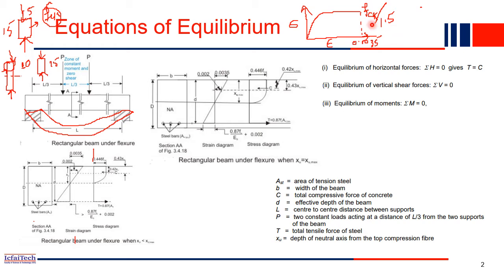The first 1.5 is for size effect, but again we divide by 1.5. So FCK, the characteristic strength of concrete, is divided by 1.5 and again by 1.5. The first 1.5 is because of the size effect, and the next 1.5 is the partial safety factor.